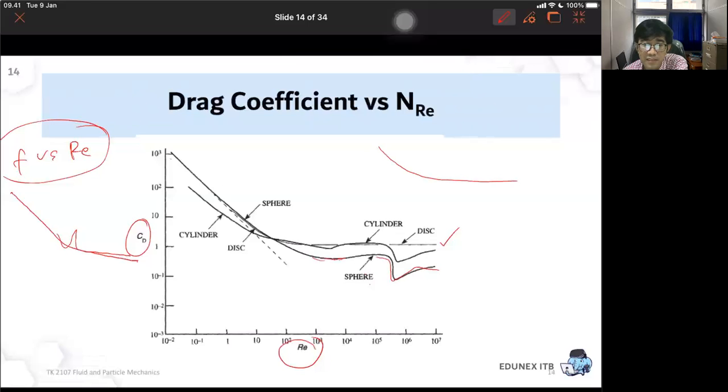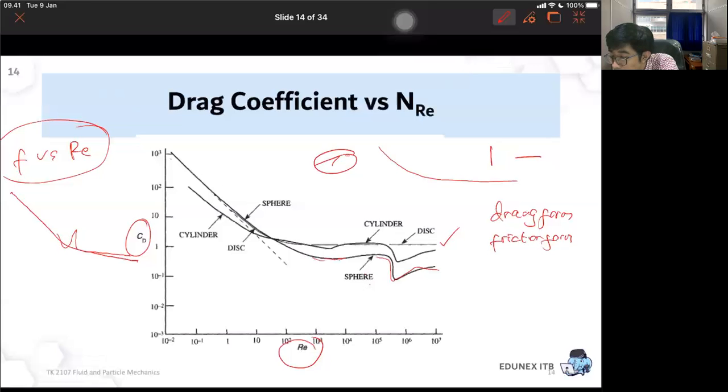Why is that, sir? Because of the influence of the drag form and friction form. This is just a flat one, and either at this position or this position, there is no wake, so it must be just one position.